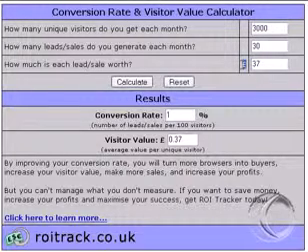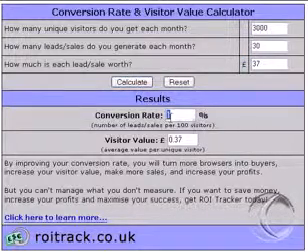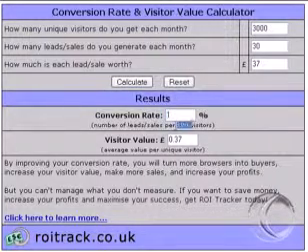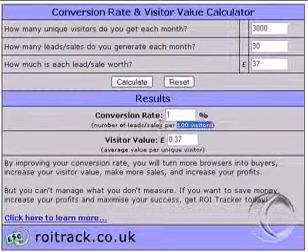Now this is a pound sign because this is a UK site, but it's just numbers being calculated, so it doesn't really matter if it's pounds or dollars here. Then you click calculate, and it calculates your conversion rate. So 1%, that means per 100 visitors I get 1 sale. And then it calculates your visitor value.